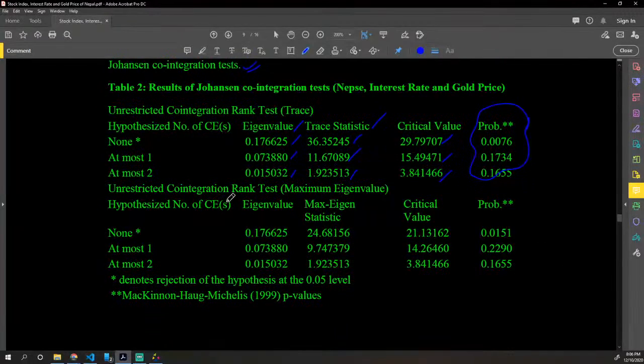Similarly, for the maximum eigenvalue, the statistic is 24, 9.74, 1.92. So compare with the critical values.